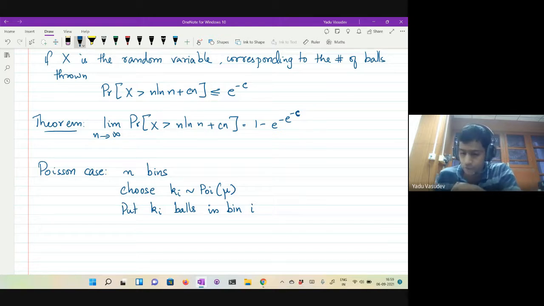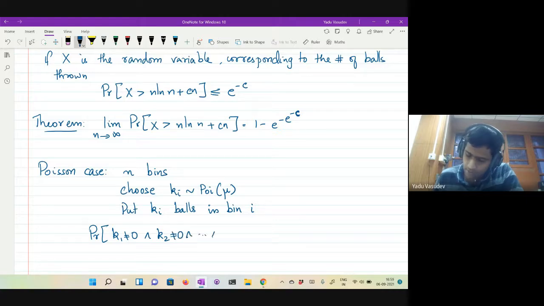Correct? You do this, and what is the value that you want to compute? You want to know the probability that k_1 is not equal to 0 and k_2 is not equal to 0 and so on till k_n is not equal to 0. Correct? So you want the probability that each of the k_i's is not equal to 0.